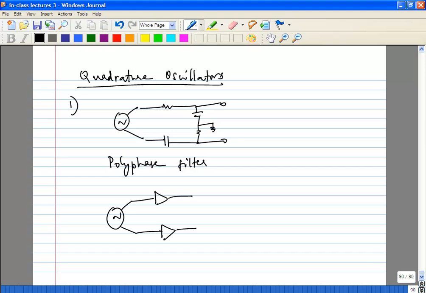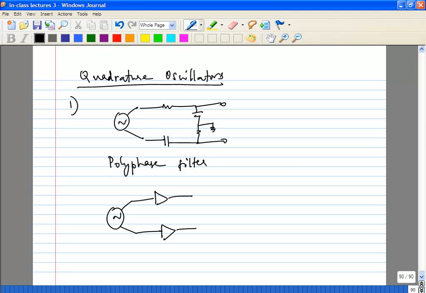So first of all you always want to have buffers, so that is one important thing. One of the specs you will see is you will have to drive some load. Typically it could be the mixer load, it could be something else. And quite often you might have to drive a long line to end up at the mixer.